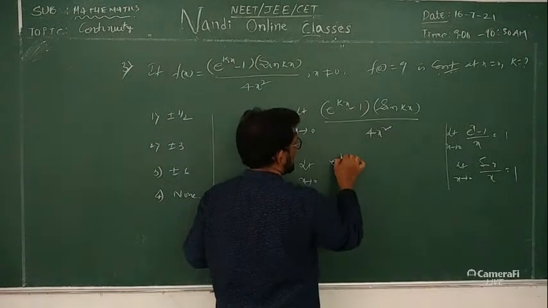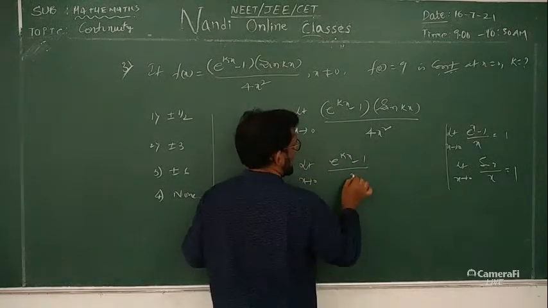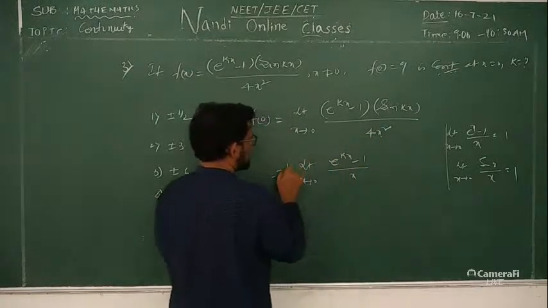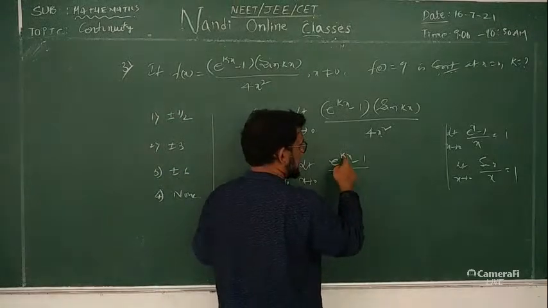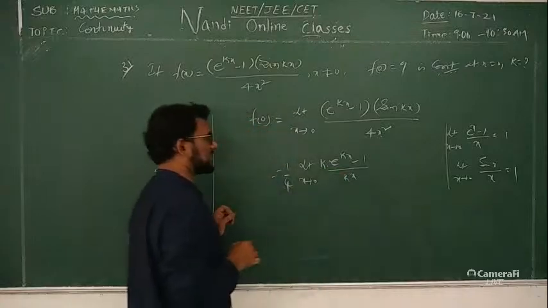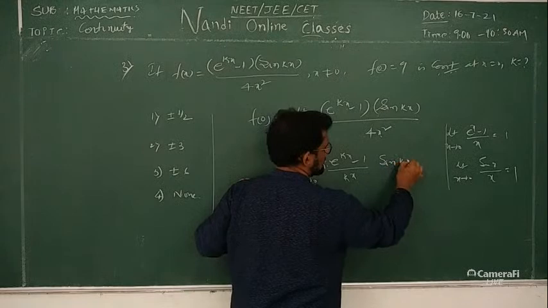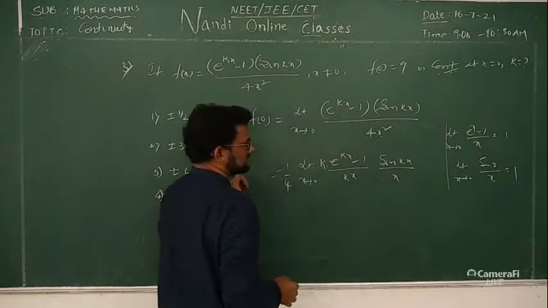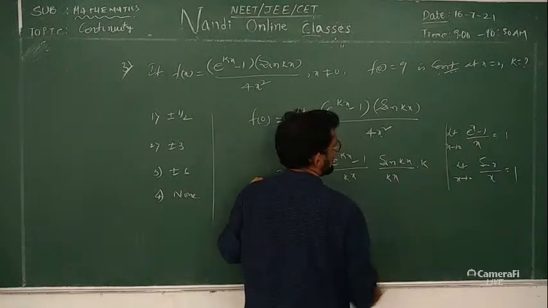So these are e power kx minus 1 by x. I am taking here, 4x square is there, 1 x we are taking, this 4 you take out, 1 by 4. This x here, kx is the k to be maintained, into k, multiply and divide by k. And here one more sin kx, so one more x you have to take here, and here also you should maintain multiply and divide by k.